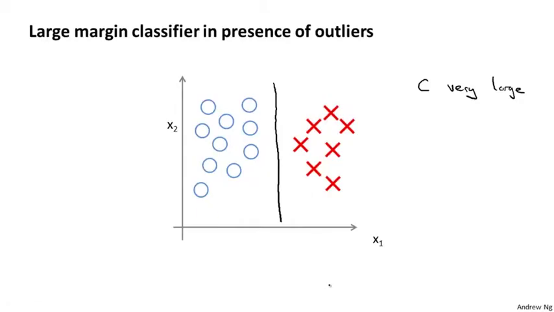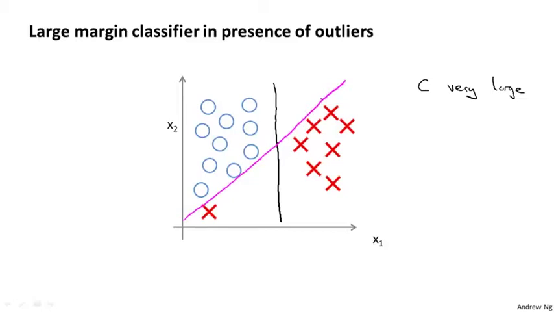In particular, if all you're doing is using a large margin classifier, then your learning algorithm can be sensitive to outliers. So let's say I add an extra positive example like that shown on the screen. If you add one example, then it seems as if to separate the data with a large margin, maybe I'll end up learning a decision boundary like that, right? That is the magenta line.